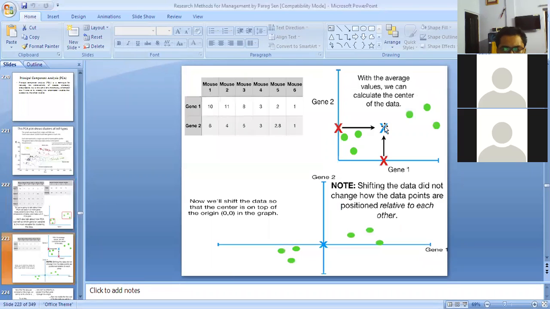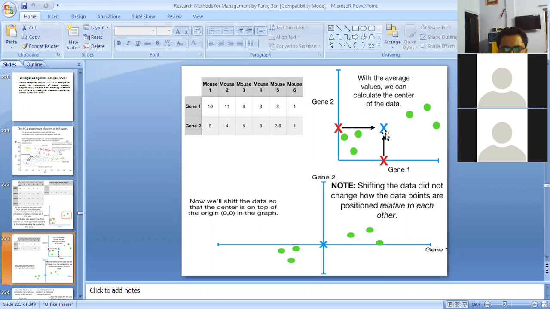You can easily calculate the average of gene 1 and the average of gene 2. So we can calculate the center of the data, the intersection point of the average of gene 1 and the average of gene 2.